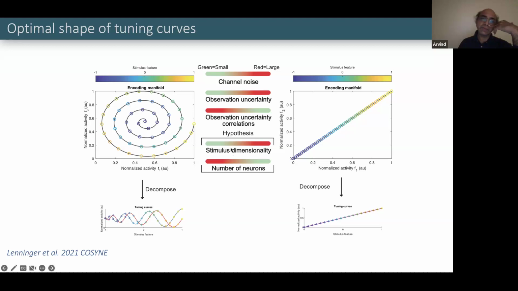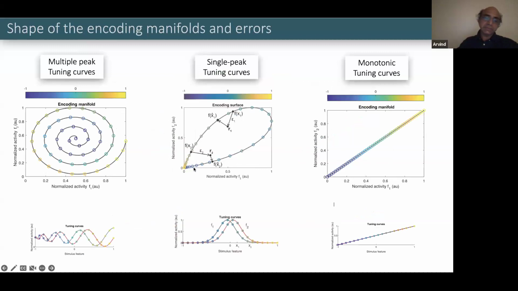Another thing, we hypothesize that such manifolds are good for low dimensional stimuli, as opposed to these ones, where you need many, many more numbers. The reason we think about stimulus dimensionality is that, well, there is this space, but you can imagine that this tuning curve will be modulated if these cells were also, let's say, contrast sensitive or color sensitive, meaning this available space will be filled by that.